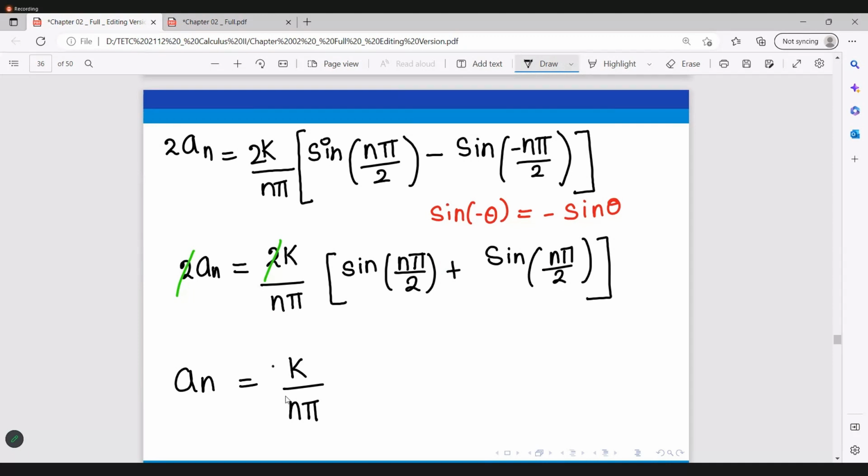So we can bring this 2 here and write sine n pi over 2. So this is the second Fourier coefficient. Okay, try to find the third one.